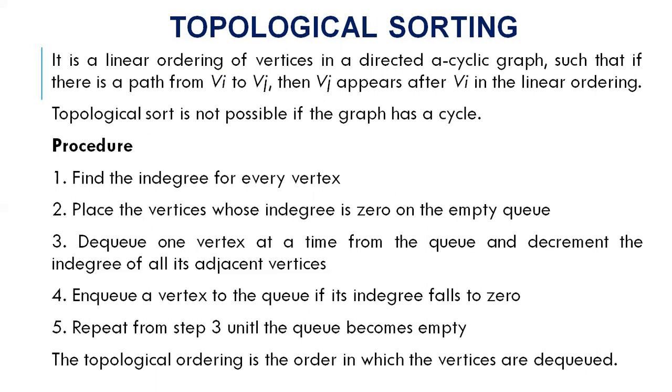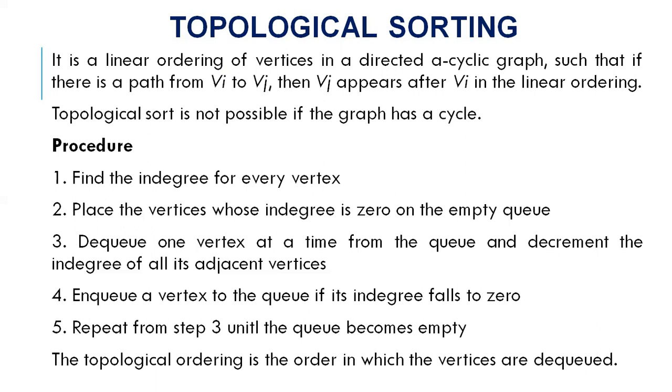We apply the enqueue operation to insert the vertex which has in degree 0 into the queue. After that, we go for step 3. In step 3, dequeue one vertex at a time from the queue and decrement the in degree of all of its adjacent vertices.